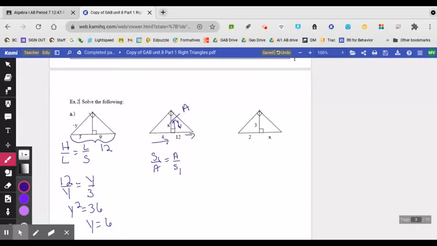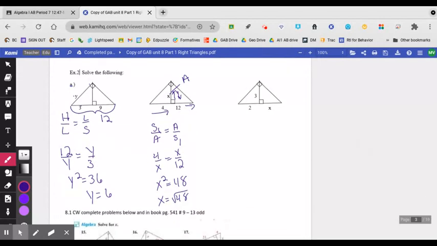So segment 1, which is 4, is to my altitude X as X is to segment 2, which is 12. I cross multiply and get X squared equals 48. Taking the square root, X equals the square root of 48, which in simplest radical form is the square root of 16, square root of 3, or 4 radical 3.